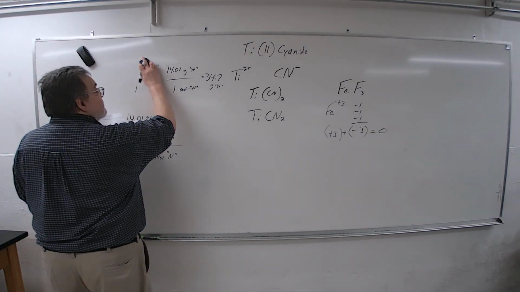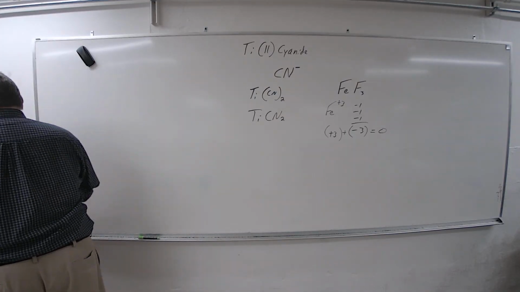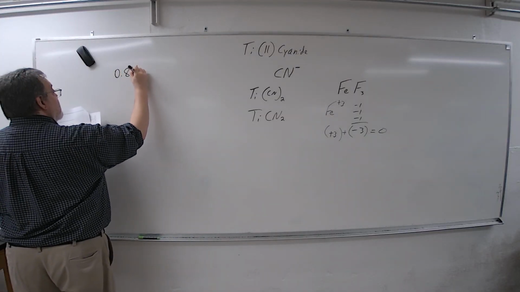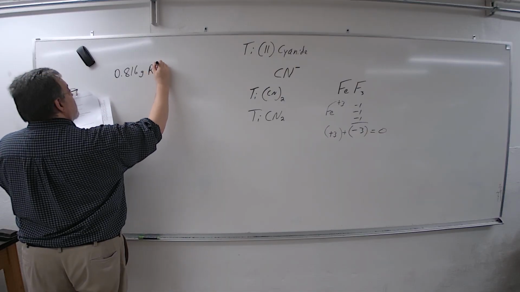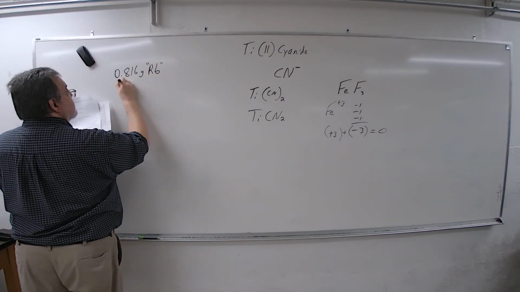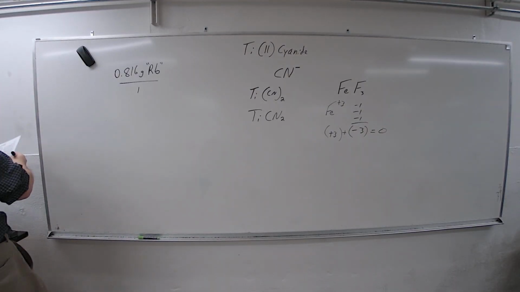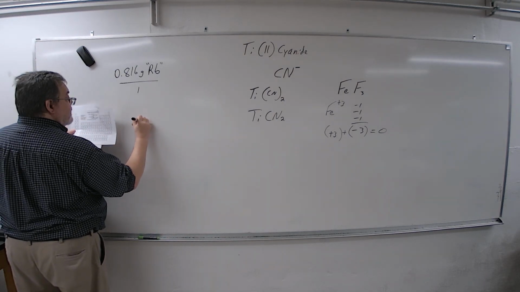So the answer would be, how many moles are 8.16 grams? 21, how many moles are in grams of rubidium? I kind of told you where to find it on the periodic chart.